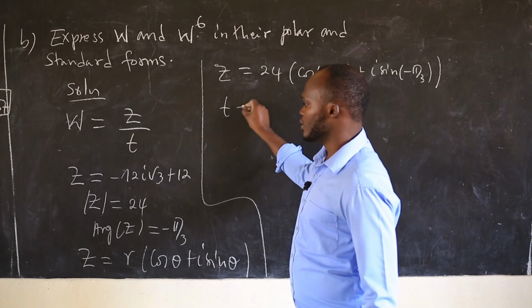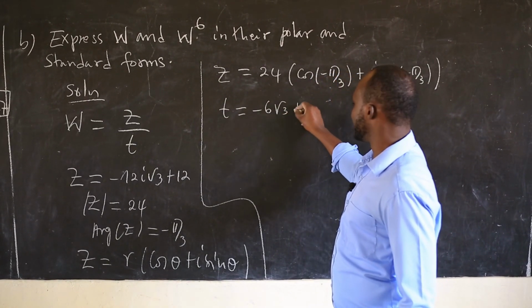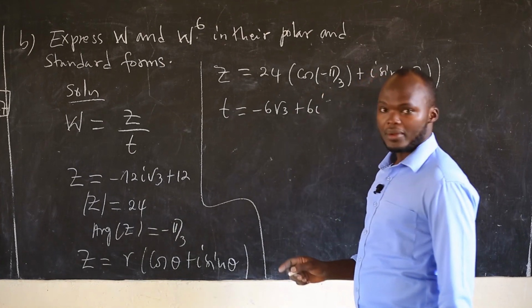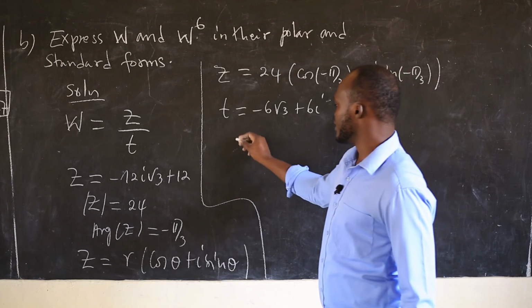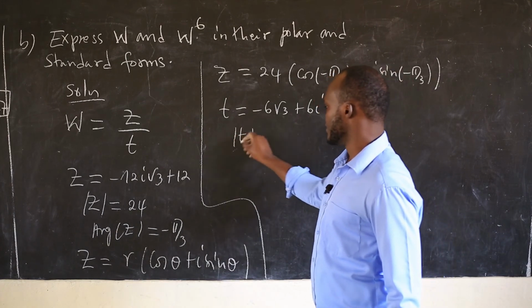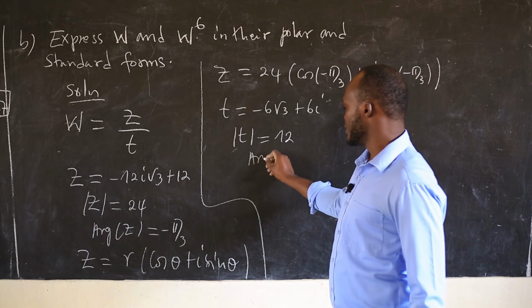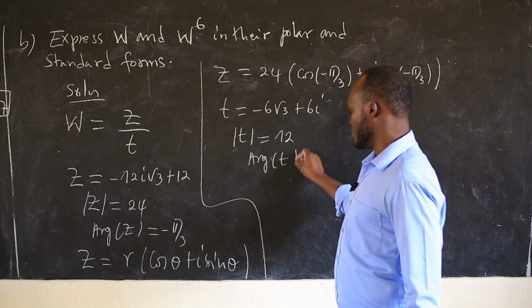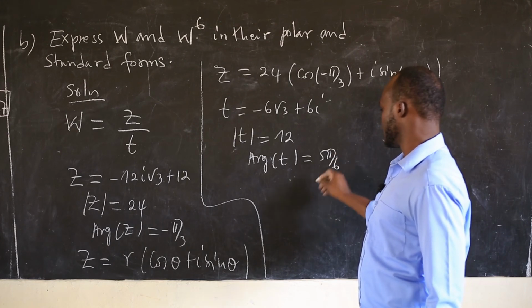So what about t? T, it was negative 6 root 3 plus 6i. So we can convert this t into polar form, because we got that the t modulus is 12. The argument of t was 5 pi over 6.